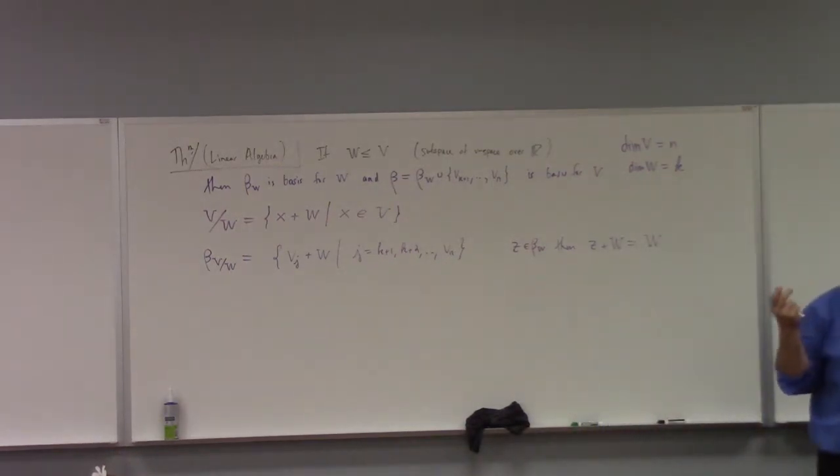So in the quotient vector space, anything in the quotiented subspace is 0.